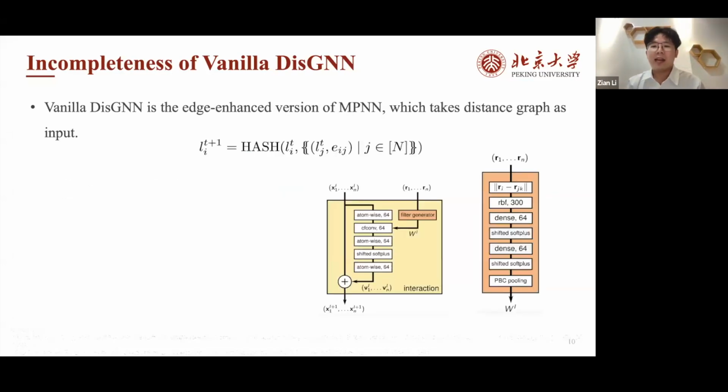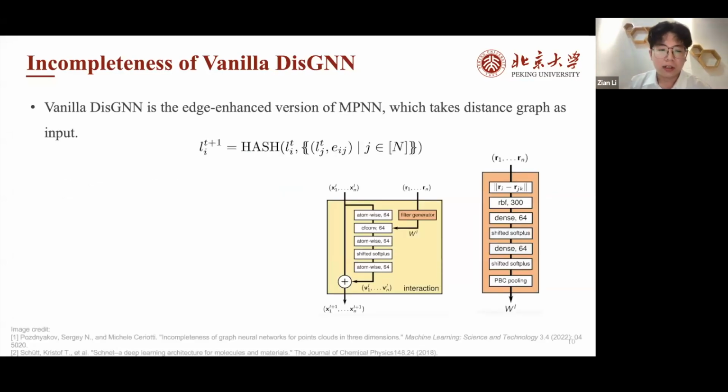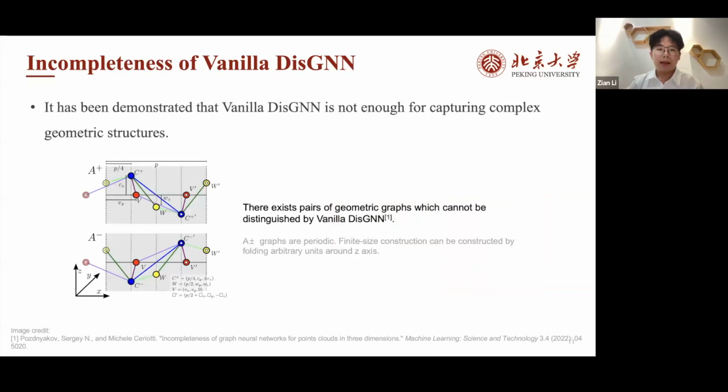And as we all know, there is a famous work named SchNet. It is just a kind of vanilla DisGNN, and in that paper, it is called continuous convolution. In a recent paper, they demonstrated that vanilla DisGNN is not enough for capturing complex geometric structure; it is incomplete.